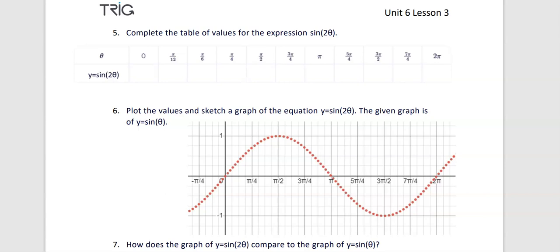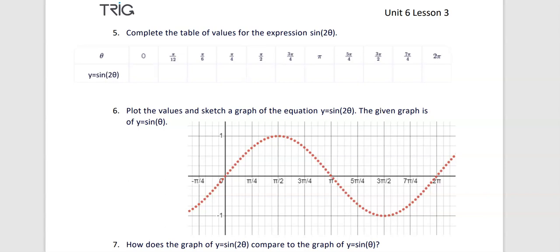This is the first time you have been asked to graph this. So the equation is already graphed, y equals sine theta, and you're asked to graph 2 sine of theta.